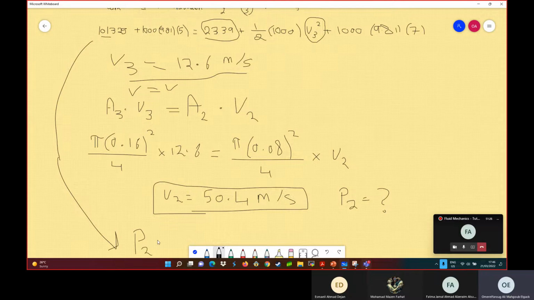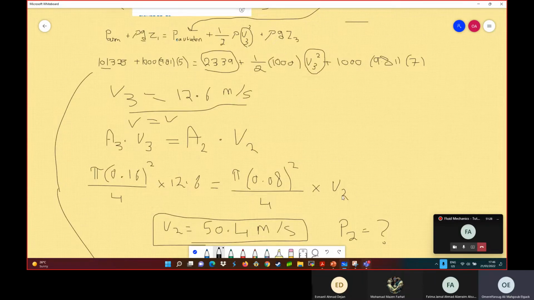So P2 will equal, when I substitute, and also the elevation is different, right?